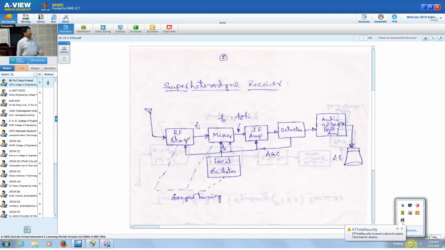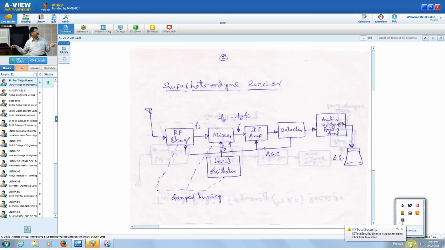Here we have basically the RF stage along with all the individual components, and the output of this RF stage is going to a mixer.